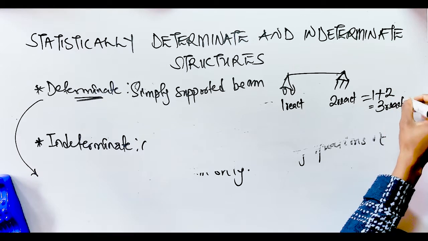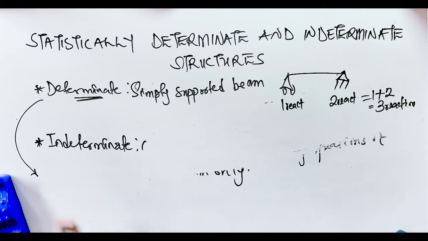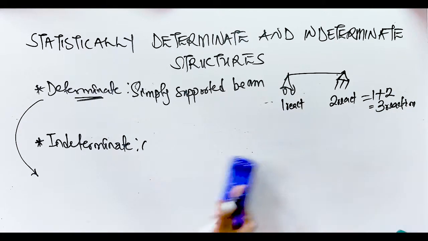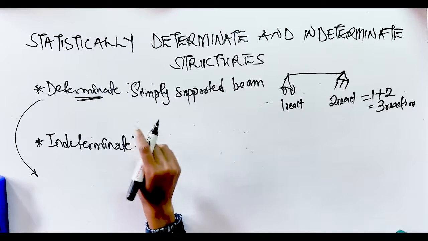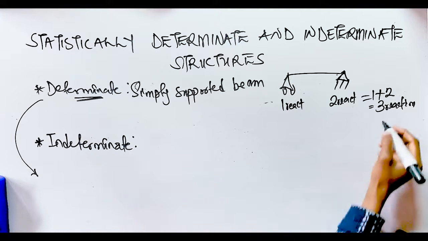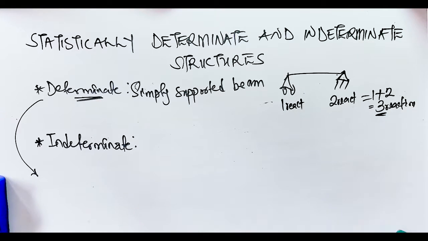And we said if the number of reactions does not exceed the number of equilibrium equations, then it is a statically determinate beam. The number of equilibrium equations is 3, and for a simply supported beam, the number of reactions is also 3. That means a simply supported beam is a determinate beam and also a statically determinate structure.